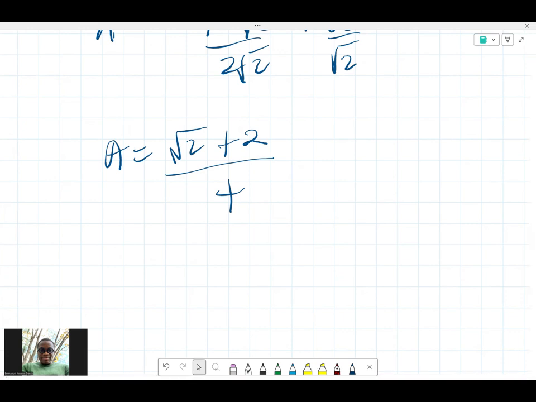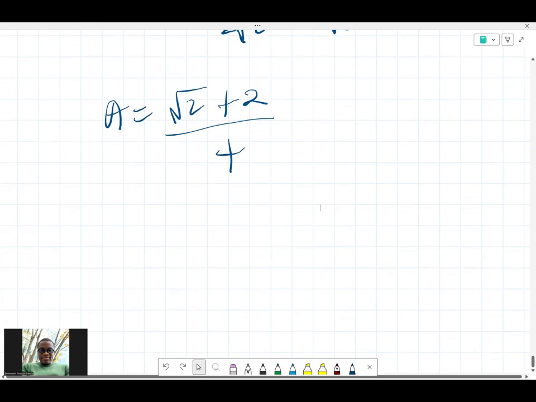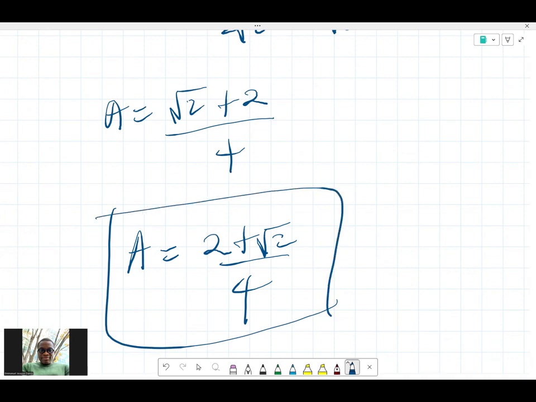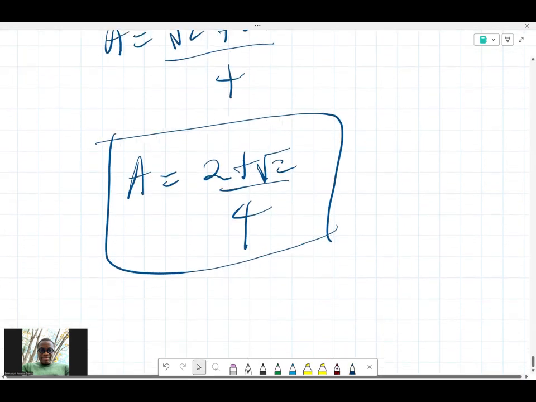So A will just be 2 plus root 2 over 4. So A is equal to (2 plus root 2) all over 4. I suspect that the other one will be 2 minus root 2.